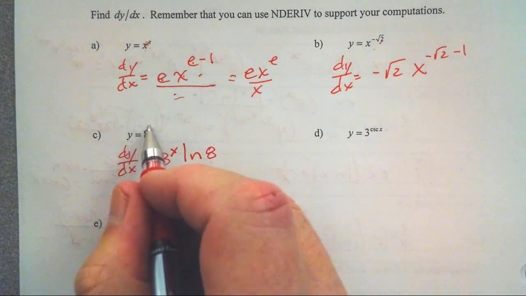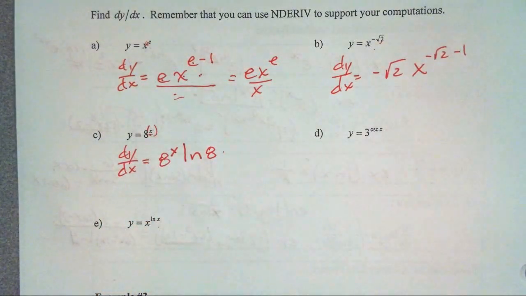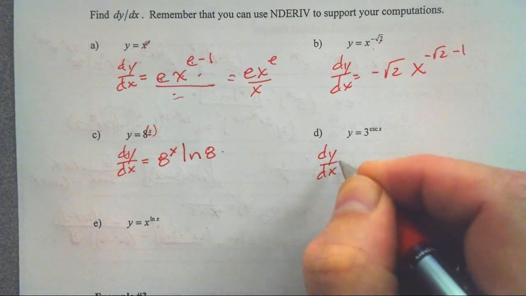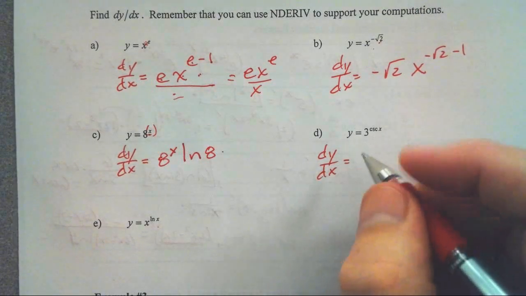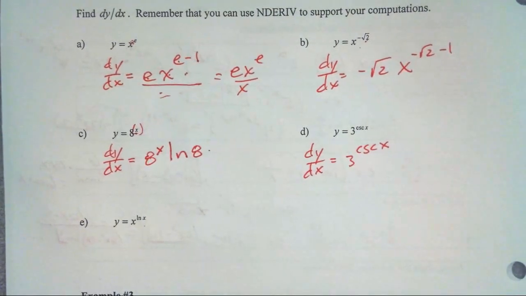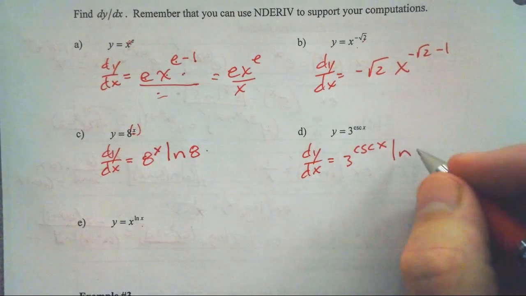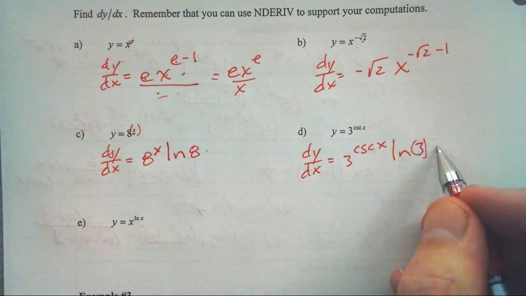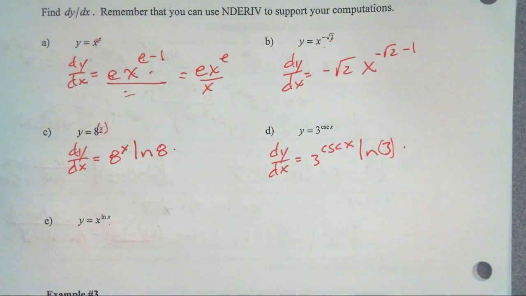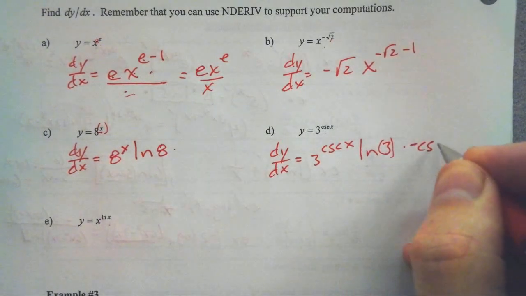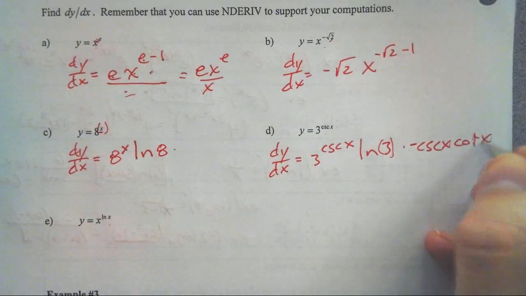And then I take the derivative of the inside function, but that's just 1. So 8 to the x ln 8. Likewise, dy dx wants to just be 3 to the cosecant x. Just treat it like it was e, but it's not e. So to compensate for that, we go ln 3, and then we multiply by cosecant's derivative. Cosecant's derivative, of course, we all know that now, is negative cosecant x cotangent x.